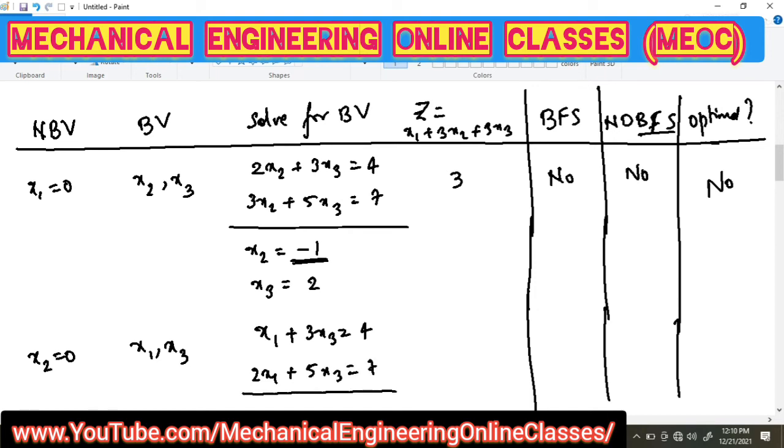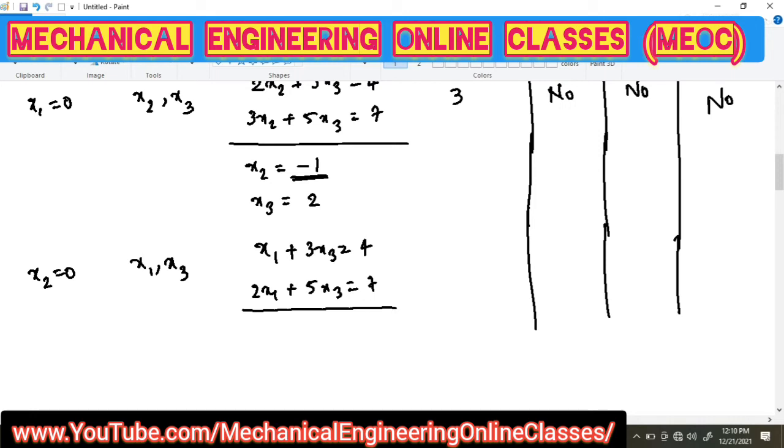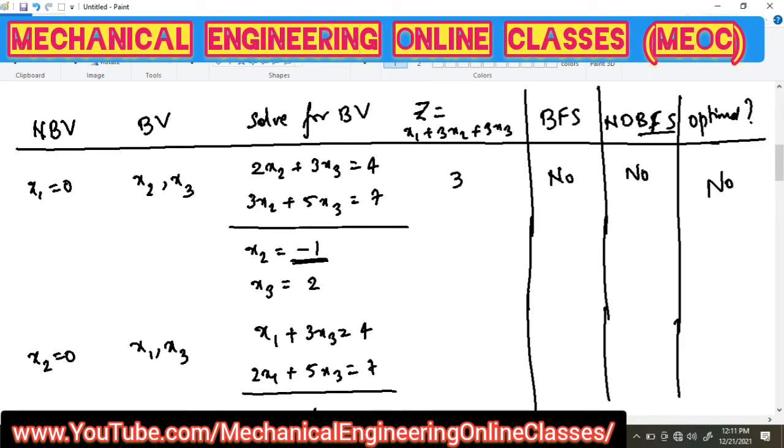Solve these two to find x1 and x3. So on solving, I got x1 and x3 as 1 and 1. So substitute x1 as 1, x2 as 0 and x3 as 1 in z. We will have the value of z as 4.